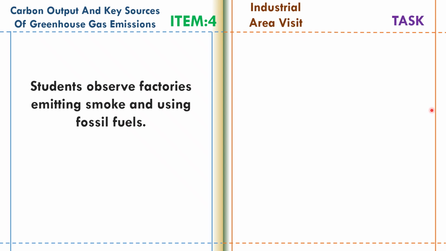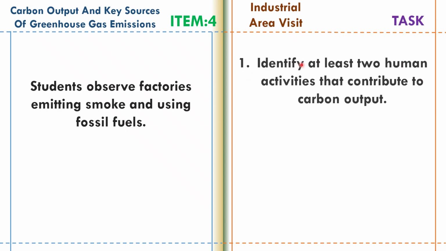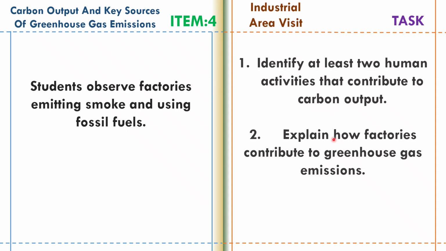Task: identify at least 2 human activities that contribute to carbon output. Explain how factories contribute to greenhouse gas emissions.